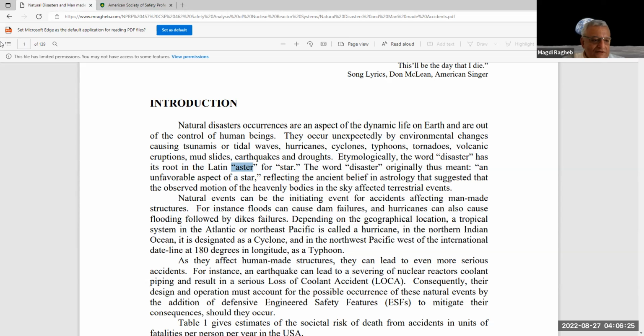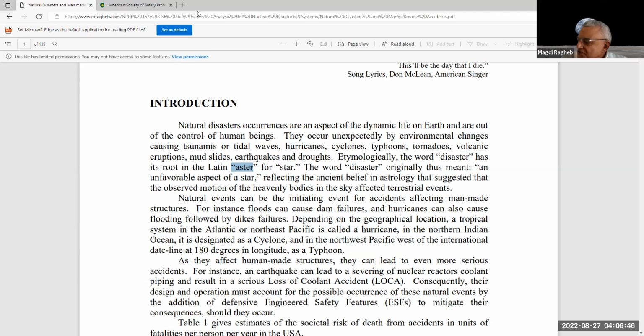Our interest is that natural events can be the initiating events, and we'll use the word initiating event in a quantitative way later on for accidents affecting man-made structures. Floods, for instance, can cause dam failures. Hurricanes can also cause flooding.